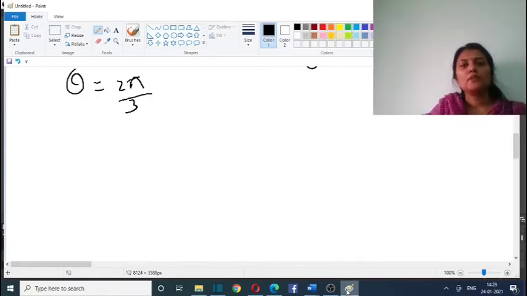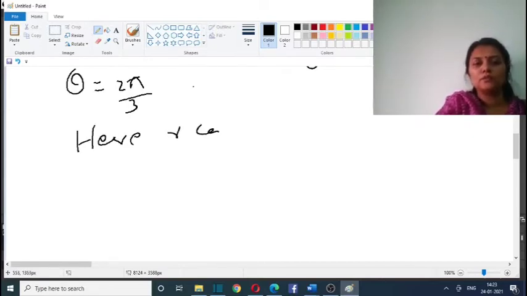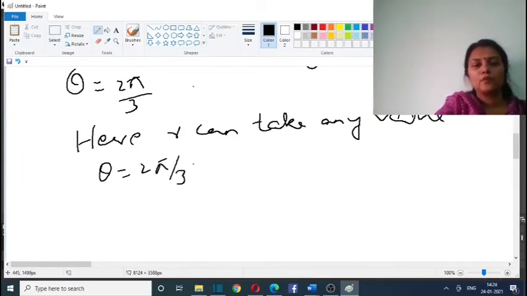Next problem is sketch the graph of theta equal to 2 pi by 3 and find the corresponding rectangular coordinate expression. So here r can take any value. Theta is equal to 2 pi by 3.